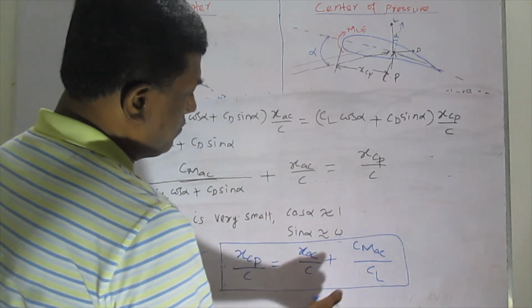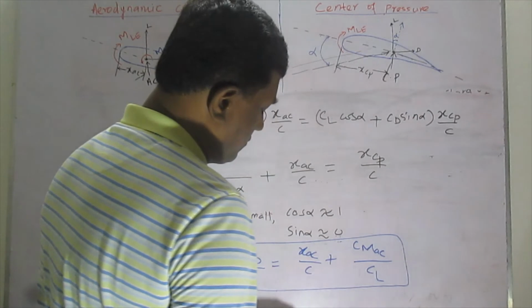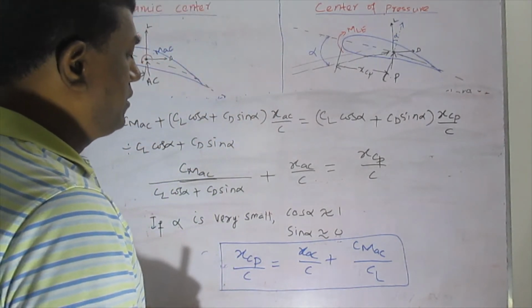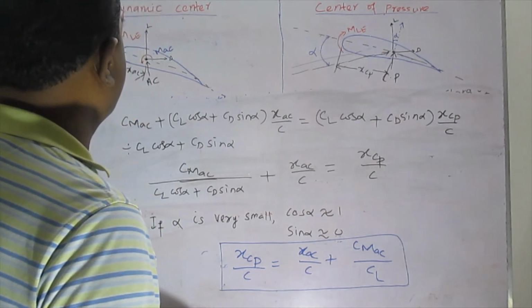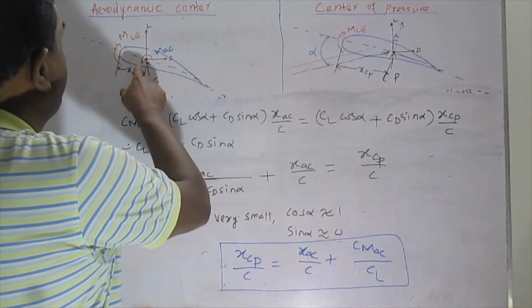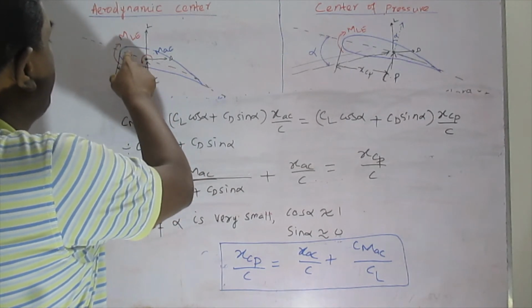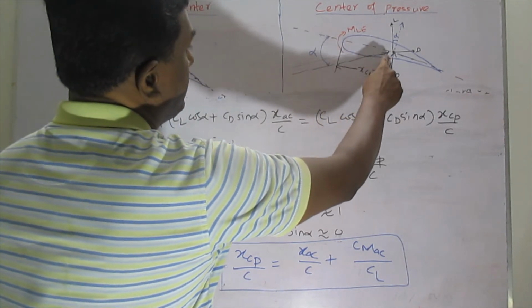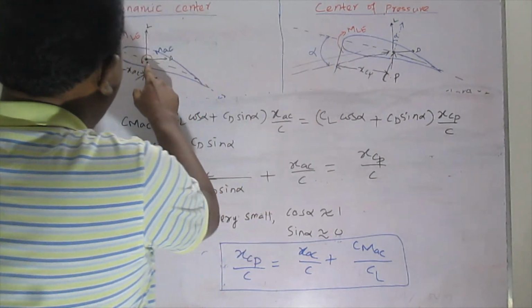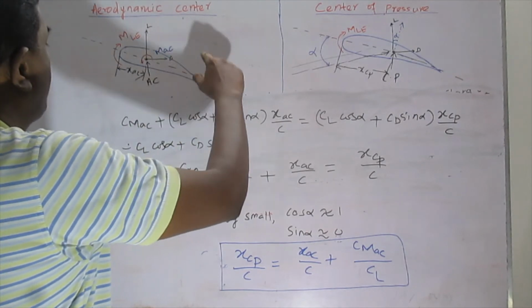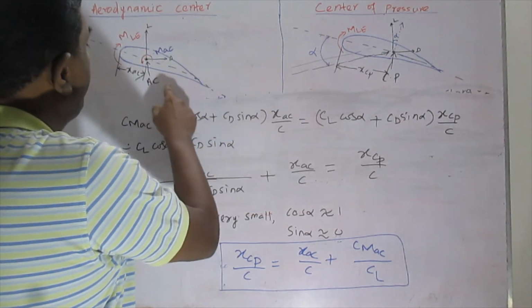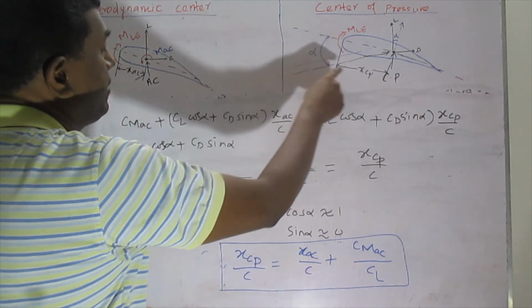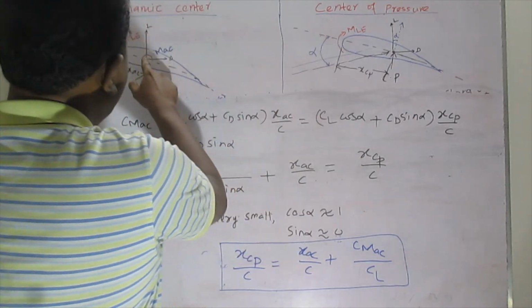So here we have to note down that we have taken the actual sign convention. So CMAC, actually, clockwise is positive and anti-clockwise is negative. Here one more thing we can see: the center of pressure is backward of the aerodynamic center.